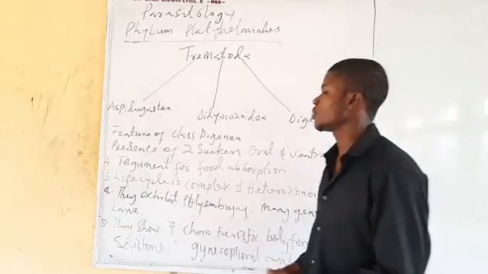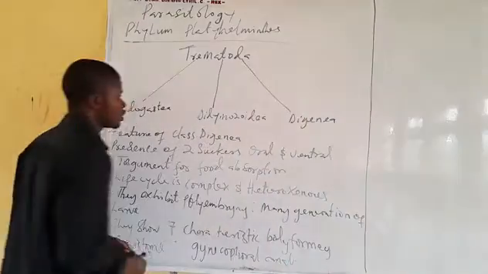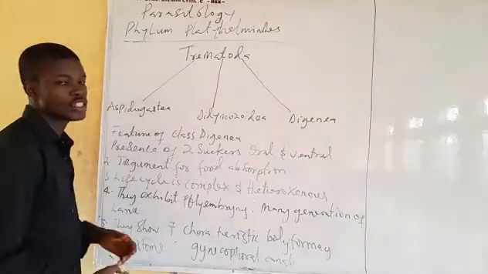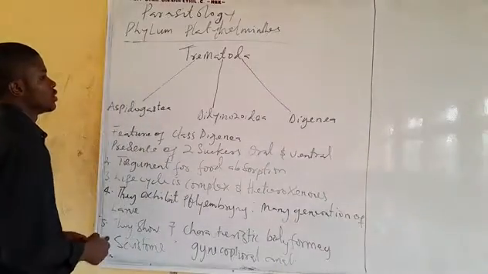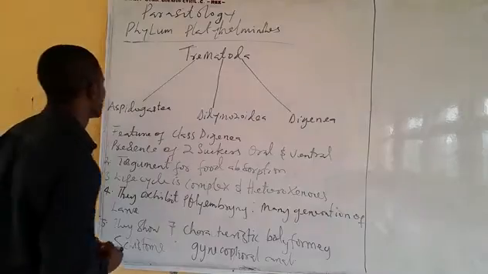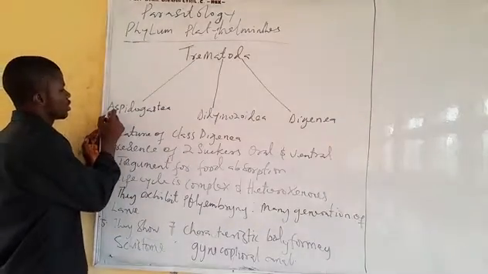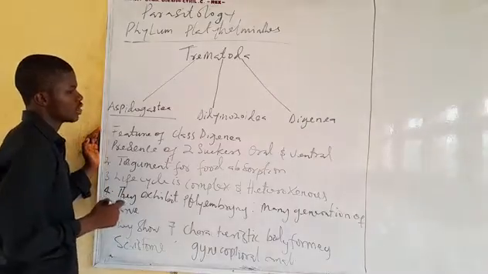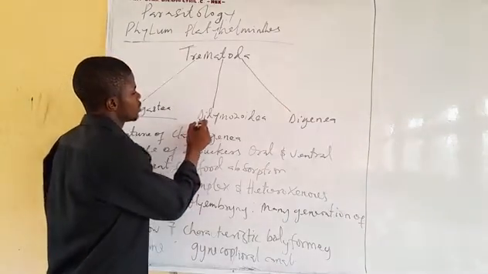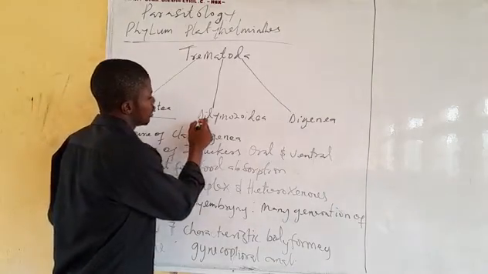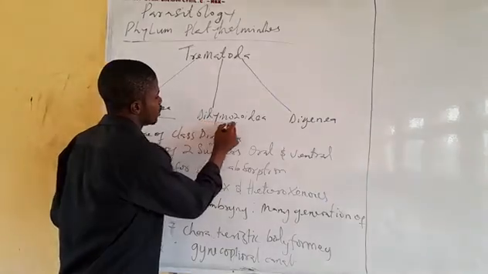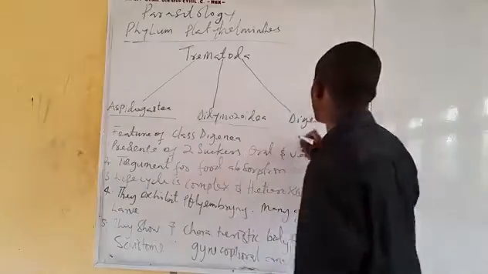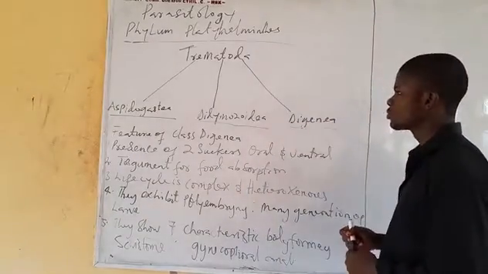And in this class Trematoda, you can see listed out here, there are 3 subclasses. The first is Aspidogastrea. The second one is Didymozoidea. Then the third is Digenea.